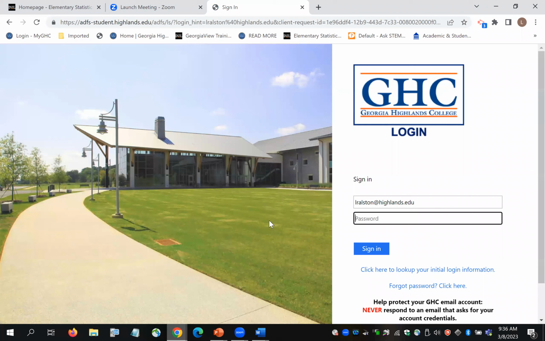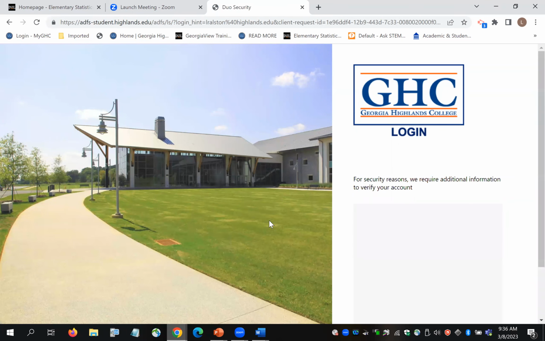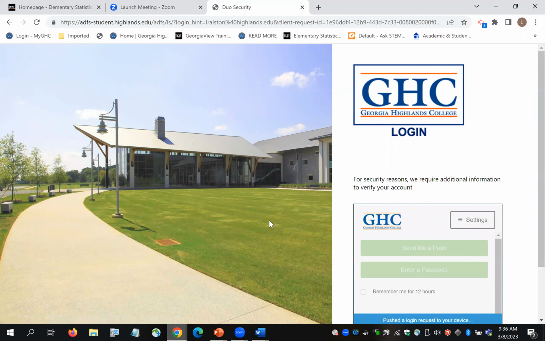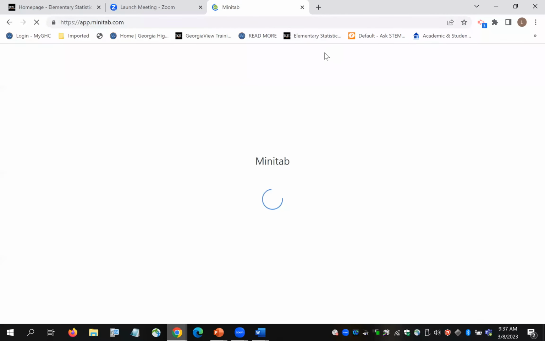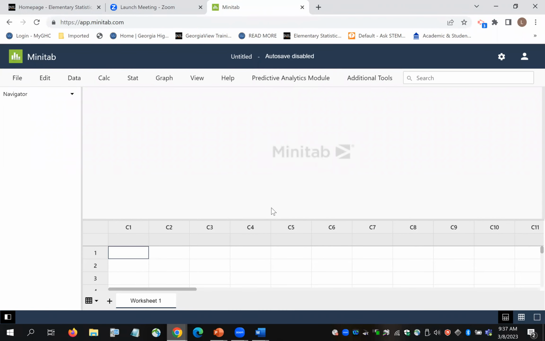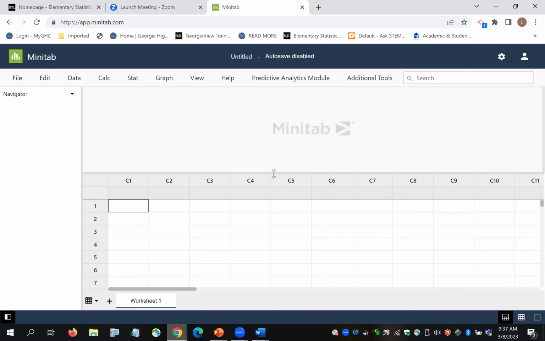It is going to take you through the Duo security. So I enter the password that I use for my Georgia Highlands email and everything else. You get the Duo security, and then it finally opens up.